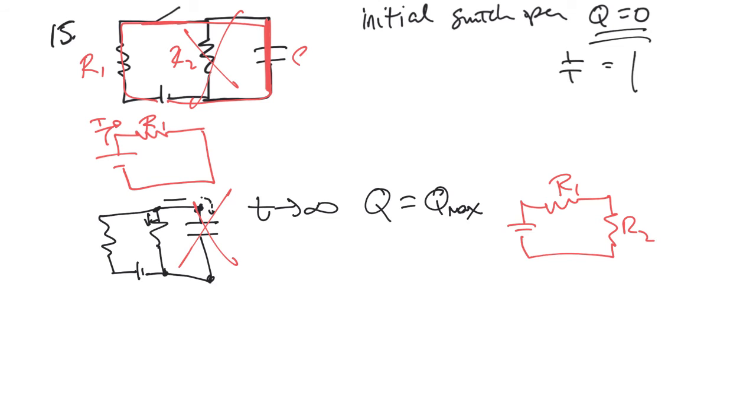Right, because this is a break, or an open switch, is the other way to think about it. So that's what's going to happen after a long time, and then you can calculate the current, and then R1 and R2 are in series, so they're going to have the same current, and you get that current by doing that equivalent resistance as well.